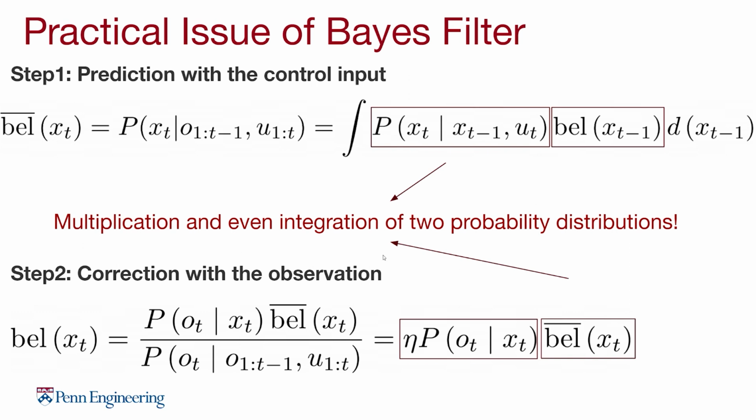So that's why the basic form of Bayes filter only appears in some homework practice for your ESE 650 learning robotics class, and in practice we use the variants of the Bayes filter.